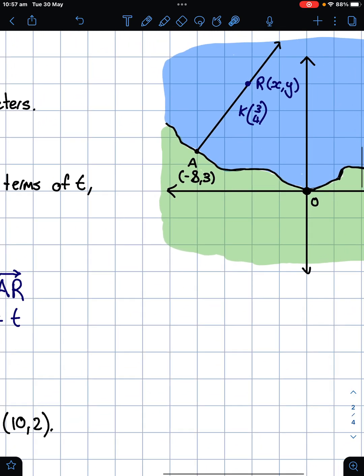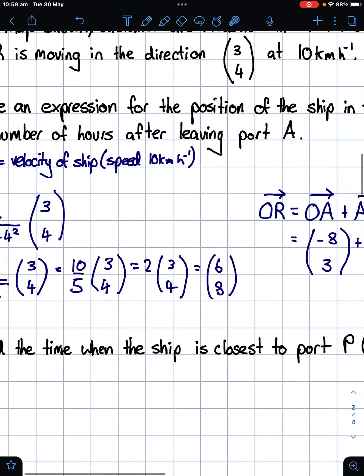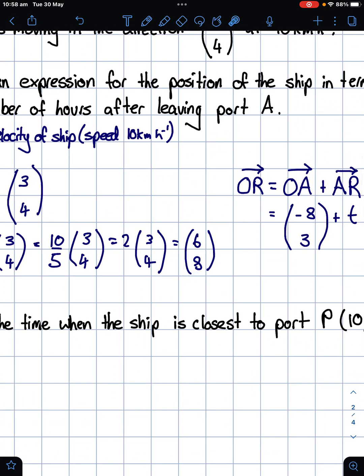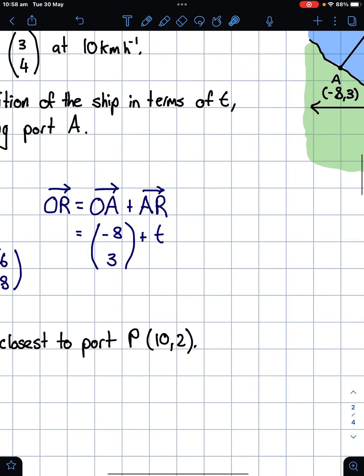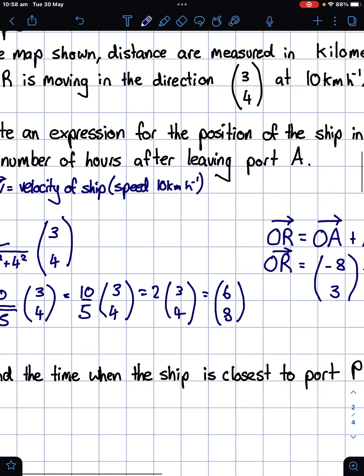You've got to remember that our velocity, when t equals 0, we're at this point, and then every unit of time, hours, we go out by 6 in the x direction and 8 in the y direction. So we're looking at (6, 8), and t is in hours. Because we've just introduced t, we're going to say that it is a real number. So O to R gives us that position.